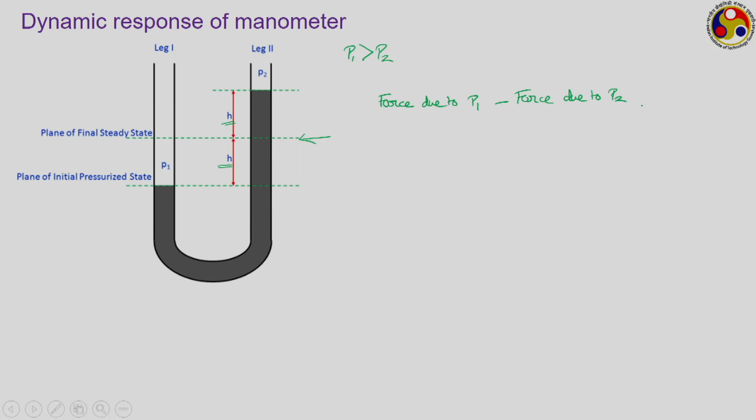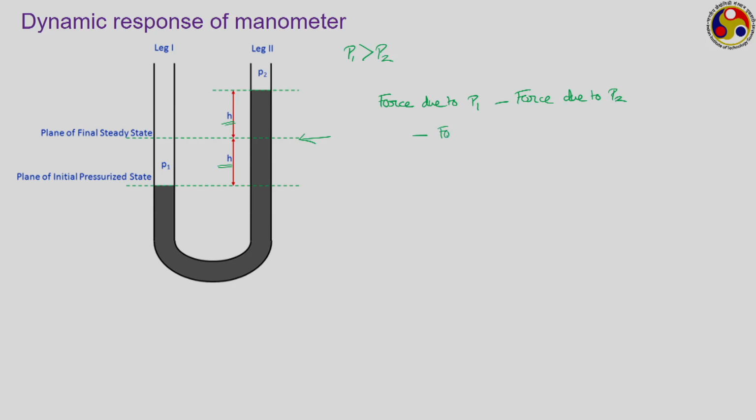These two are definitely acting. P1 is acting on leg 1, P2 is acting on leg 2, minus, because this 2h amount of increase in liquid column is happening in leg 2, that is happening against gravity.